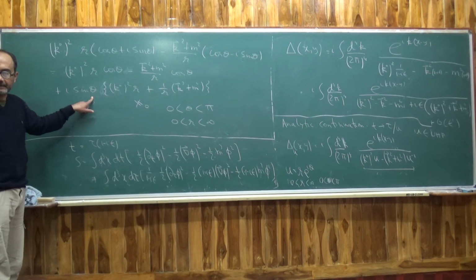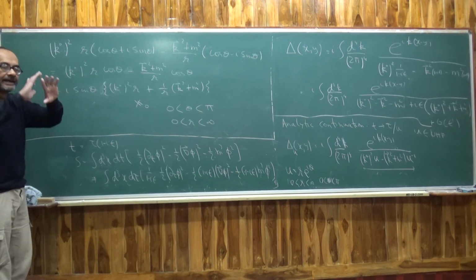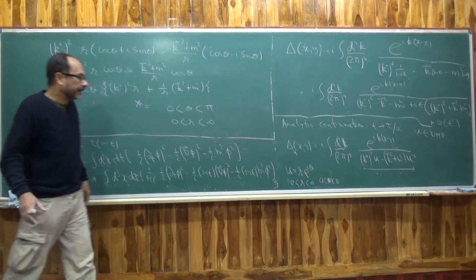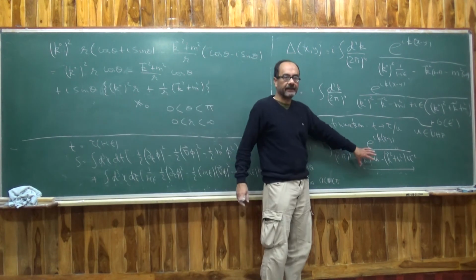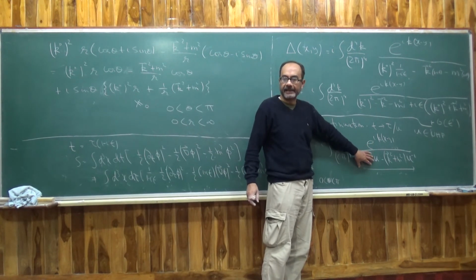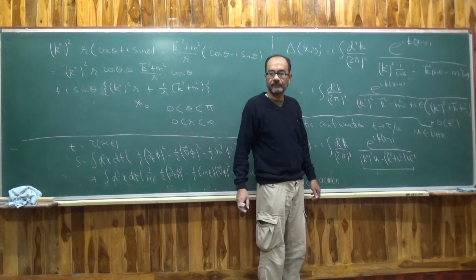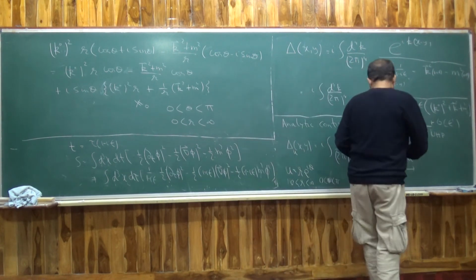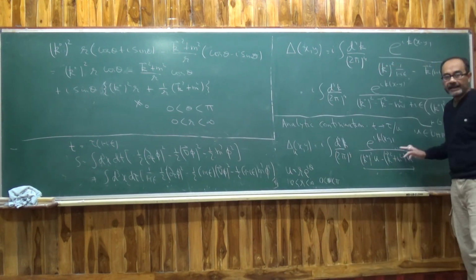Yes, it never vanishes, which means that in the entire upper half plane, this integral is completely well defined, and the integrand has no singularity. Is this clear? Not clear?